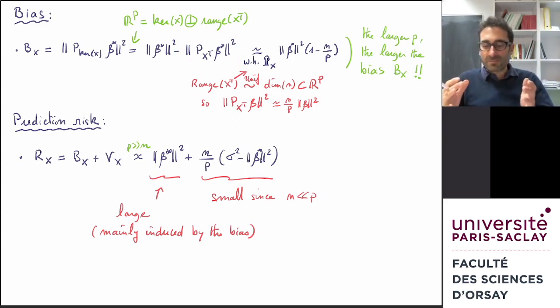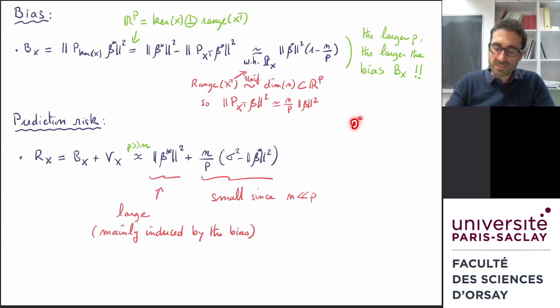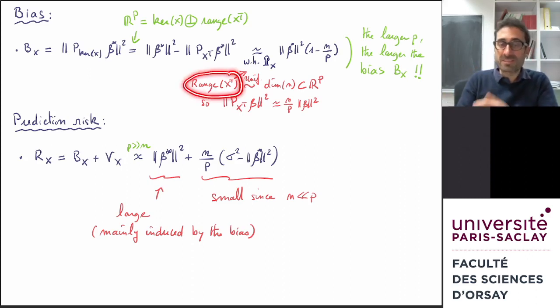What is the situation? I remind you that each xi is standard Gaussian in R^p. So we are completely isotropic. If you look at the range of x transpose, you know that it is a space of dimension n. And typically, this range will be uniformly distributed over all the space.